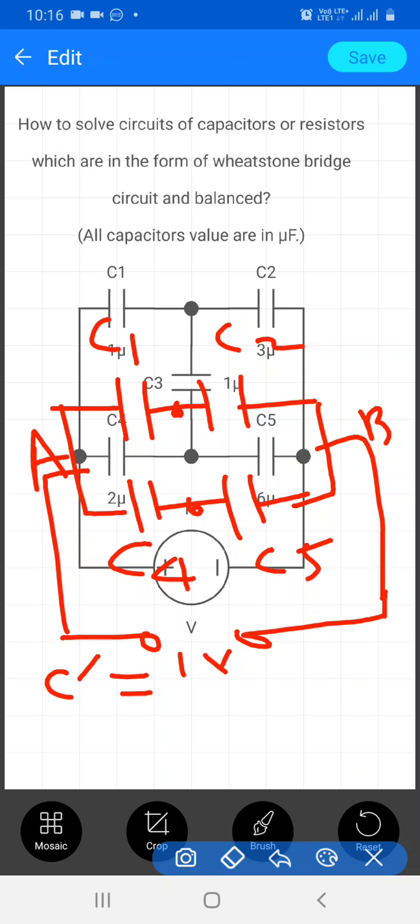So in series 1 into 3 upon 1 plus 3, that is 3 by 4 microfarad.